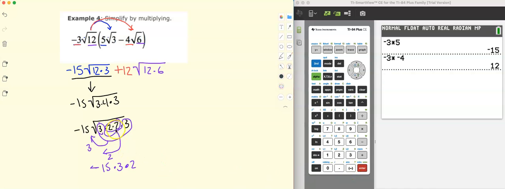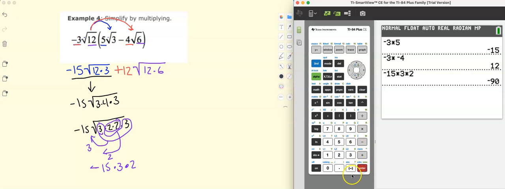At this point, there's nothing left under the radical, so the radical goes away. So I'm going to put negative 15 times 3 times 2, and then I get a negative 90. So when I simplify this all the way, I get just a negative 90. That should be negative 90. I want to circle that.